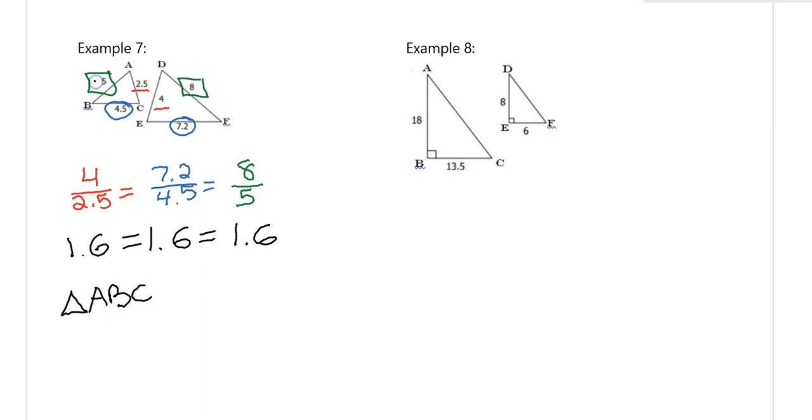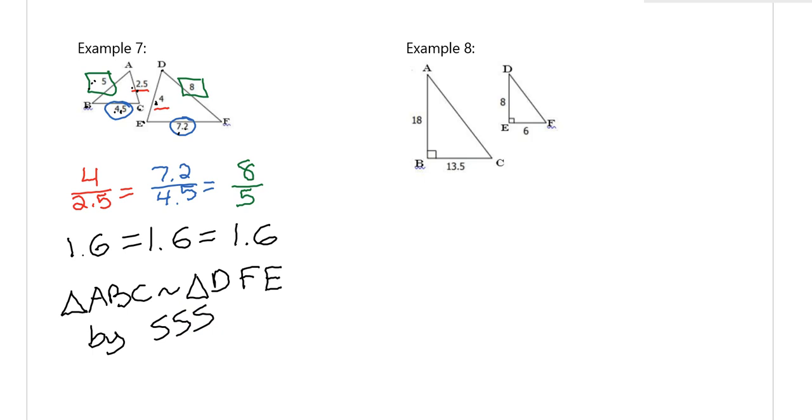A is between the square and the line. Square and the line gives me D. B, square and circle. Square and circle gives me F. And then C is between the circle and the line. Circle and the line gives me E. And for this one, we used side, side, side, right? We knew all three sides.